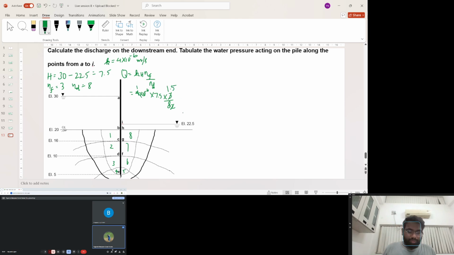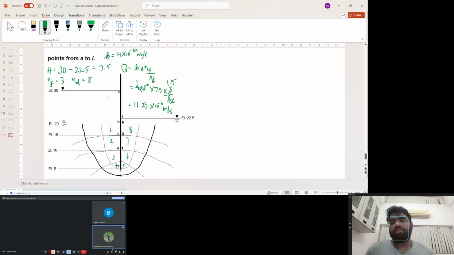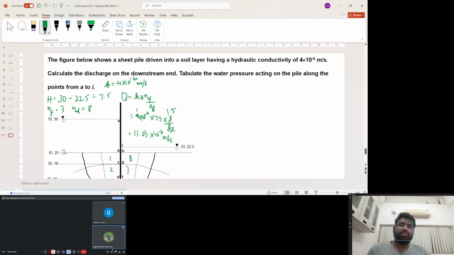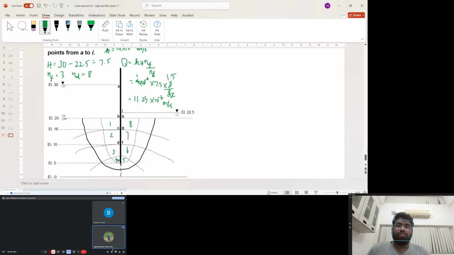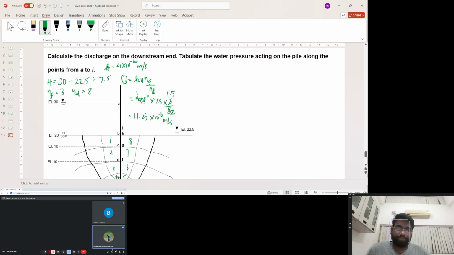So if you multiply them, 1.5 into 7.5, which will give us 11.25 into 10 power minus 6 meter per second. So this part of the question has been solved. Now coming to the second part, this will be fairly straightforward. I hope you understand how we have created this drop and calculation of NF and ND.